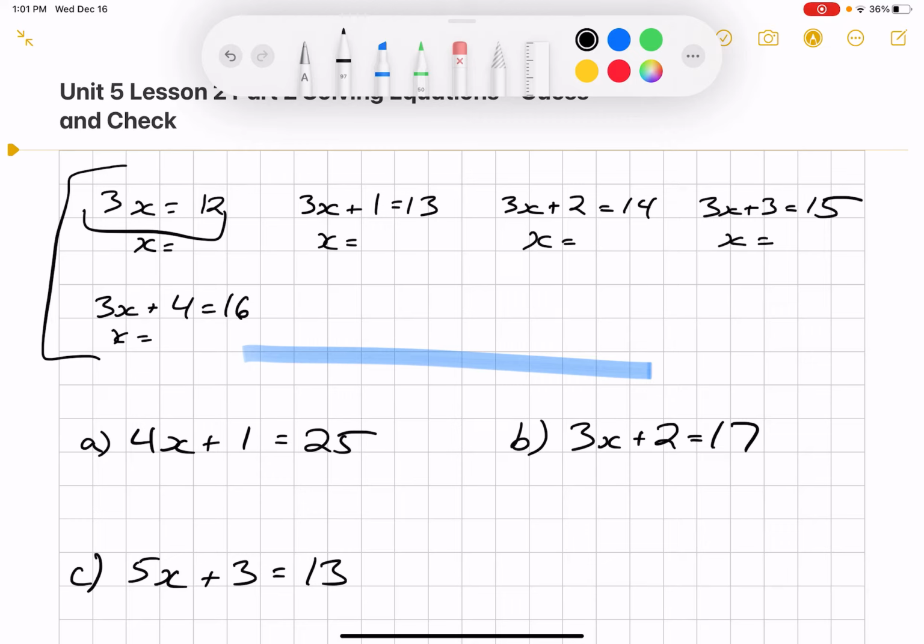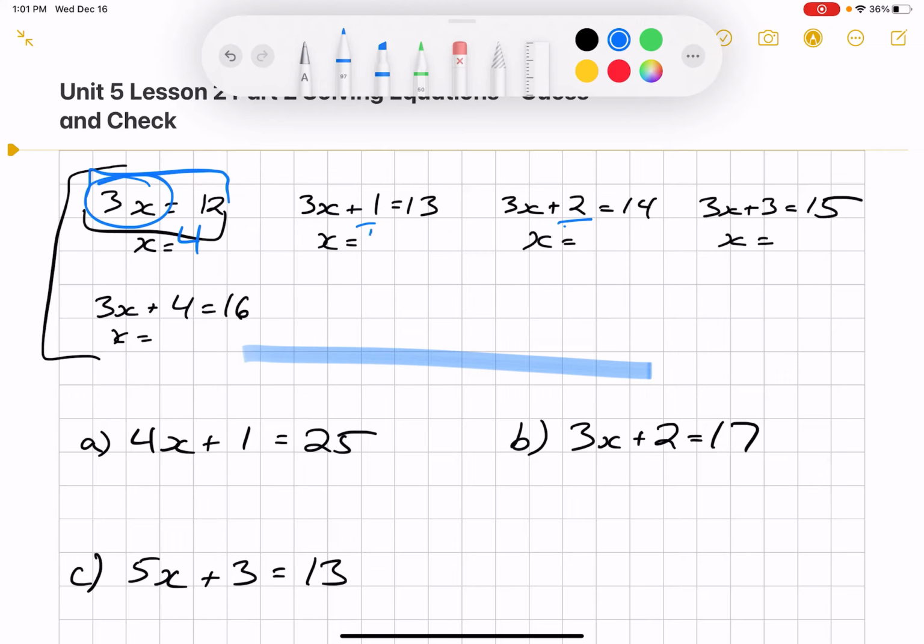Okay, so what I'm hoping that you found is that x is all the same. But if you're looking at this, the first one is obviously the easiest one to guess and check because it doesn't have any other factors there. I just asked myself what multiplied by 3 in order to get 12, and that would be 4.